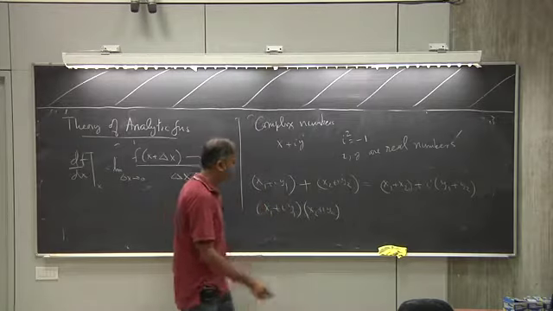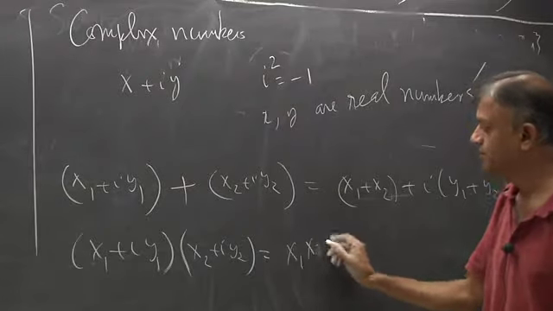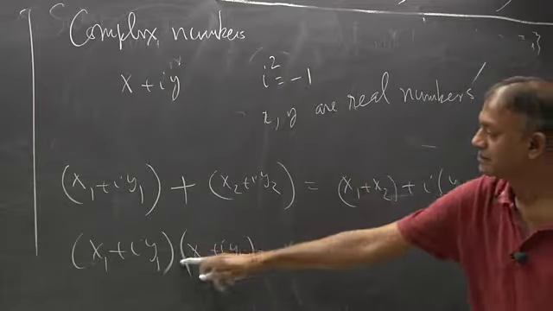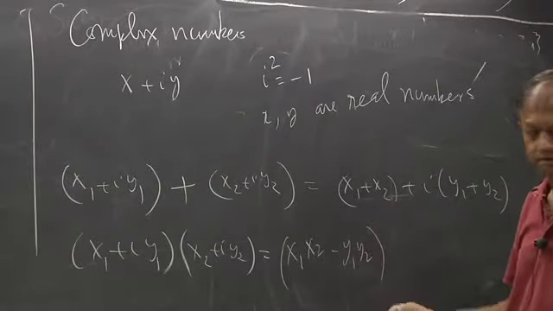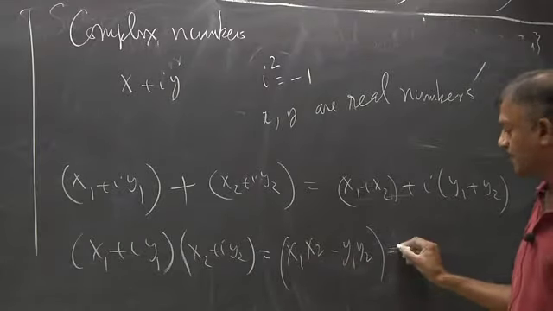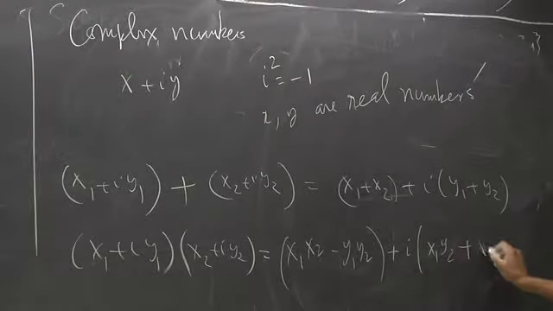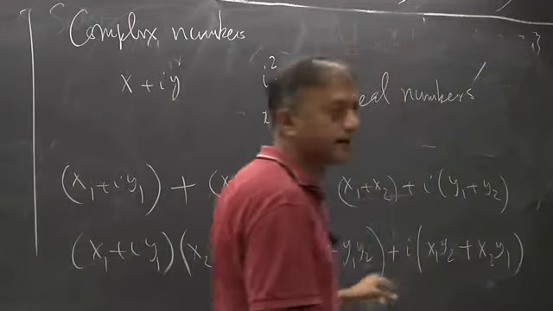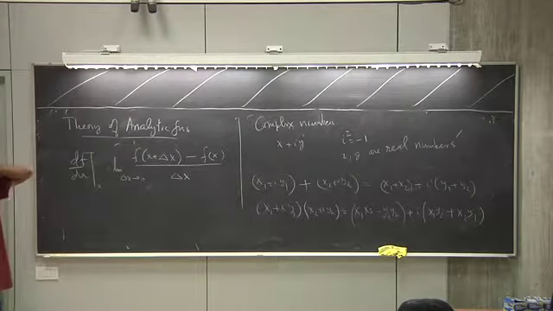This times that is x1 x2, and this times that is i squared, which is minus 1, times y1 y2, so minus y1 y2. Both are real quantities, but then plus i times x1 y2 plus x2 y1. Because this is real and that is real, and then you have i, it's a complex number. I think you all know these rules.